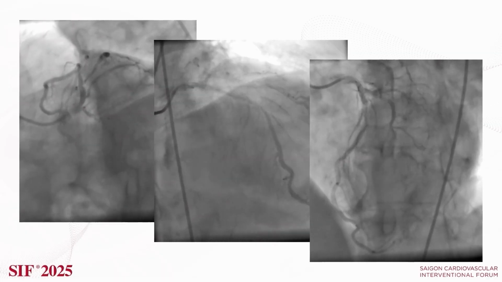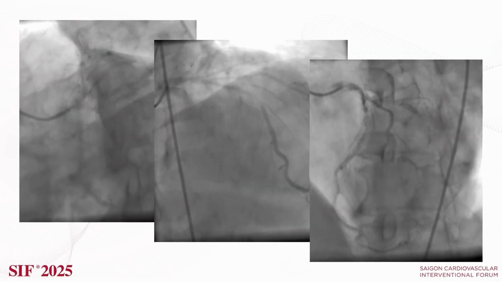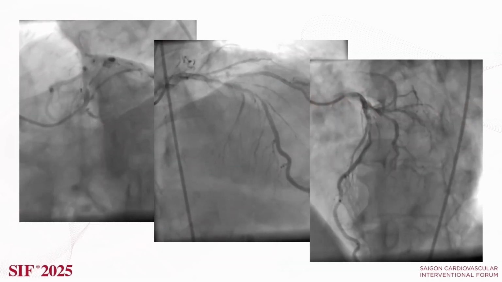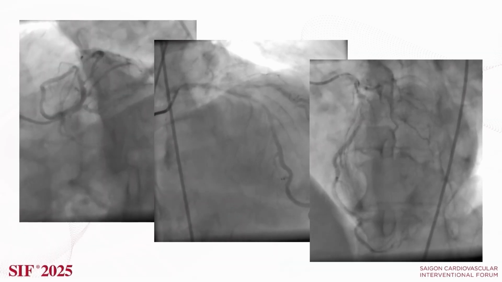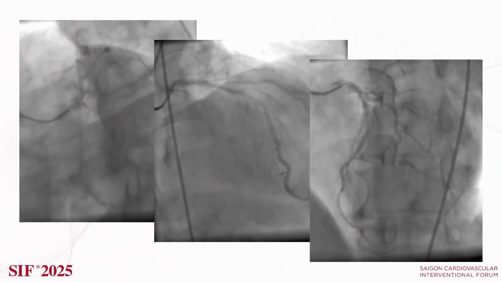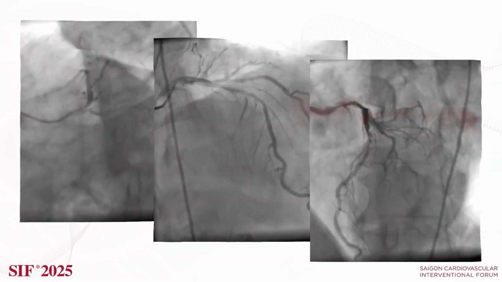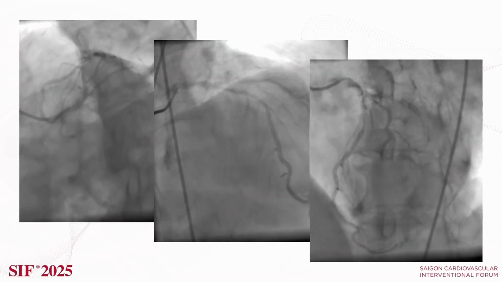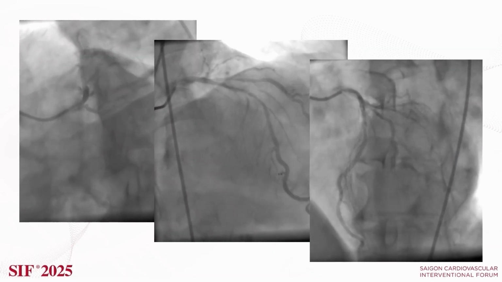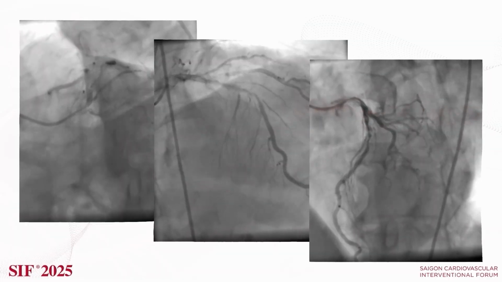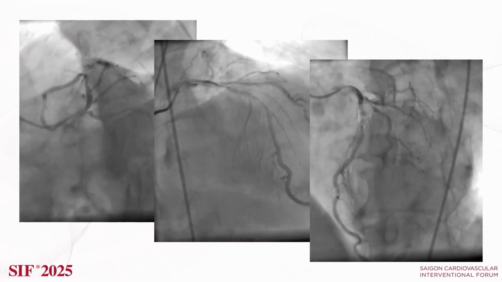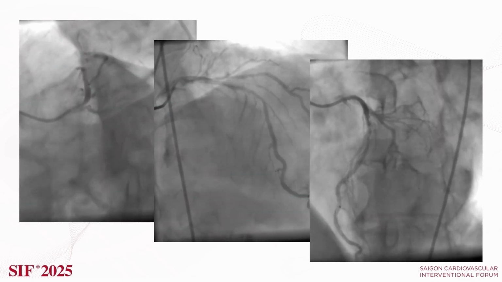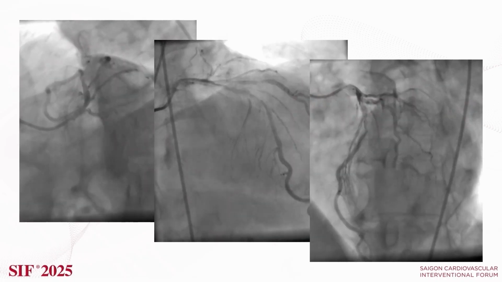Okay. So I would like to hear the comment from Dr. Hendrik, please. Yeah, first impression is to run away, but no. I don't want to add too much. Image-guided PCI of the LAD first. I might split it into two sessions and two procedures. I missed the LV function. Is the LV function preserved? Yes.